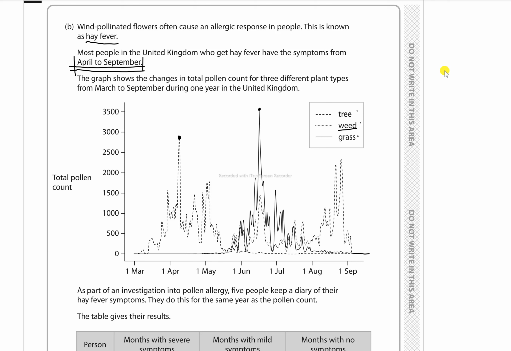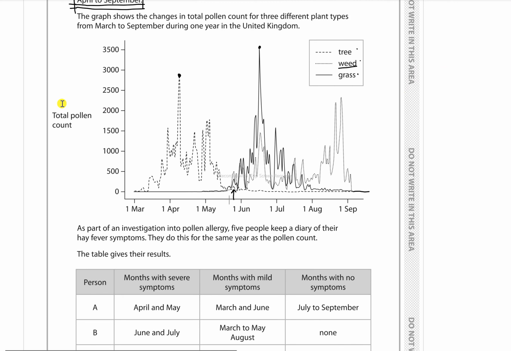So from May, it peaks around here then. Okay. So that's total pollen count, and this is the time.